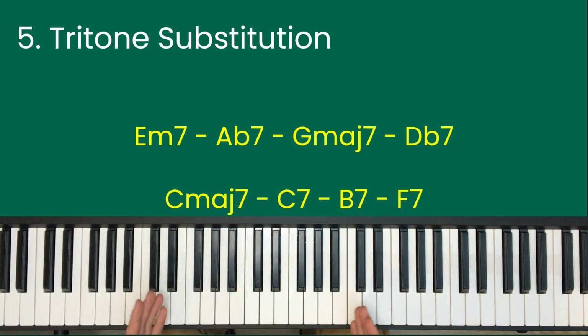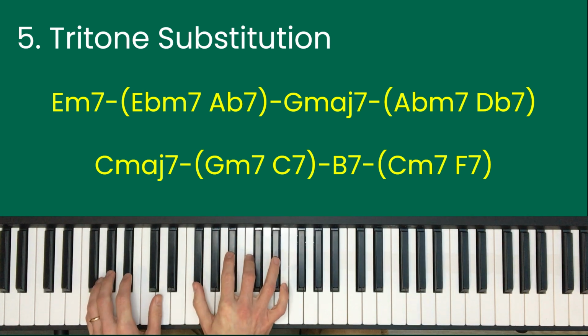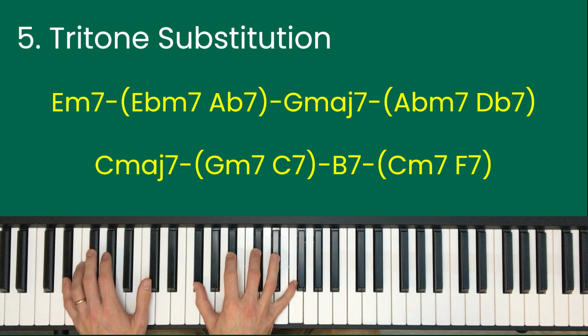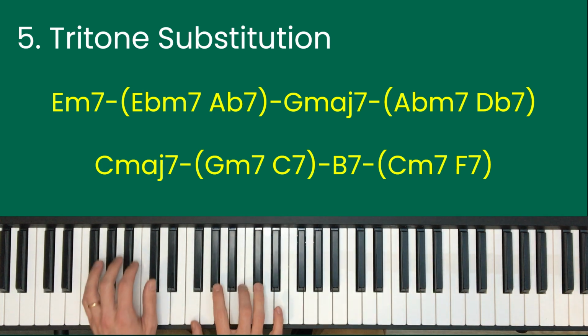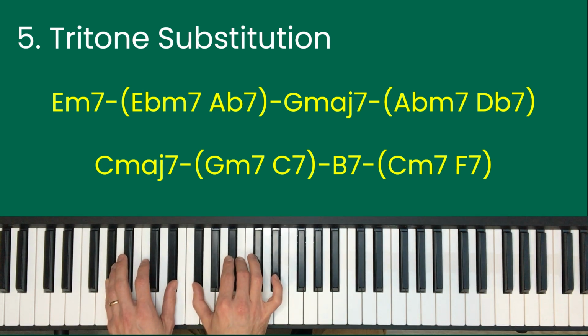And what we can do, the same way that we put the 2 in front of the 5 for our regular secondary dominant, we can put the 2 in front of these as well. Okay? So E flat 7, put the 2 in front of it, that becomes E flat minor 7. For D flat 7, put the 2 in front of it, that gives us A flat minor.